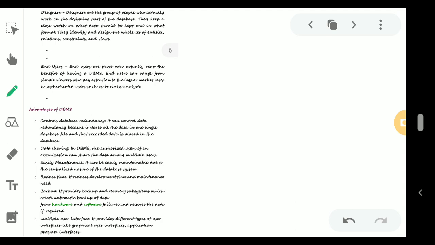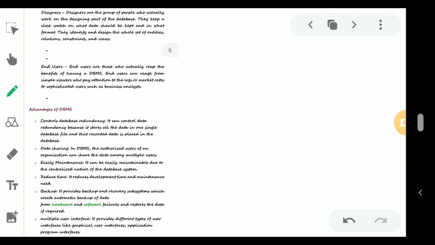They identify and assign the whole set of entities, relations, and constraints. So the designer will design the whole database: what kind of data, how the tables will be created, what must be the relationship between two or more tables, and how they need to be linked so that we can retrieve the information whenever it is required. Each and everything related to how to set up a relationship and how to impose the constraints and logical criteria is imposed by the designer.